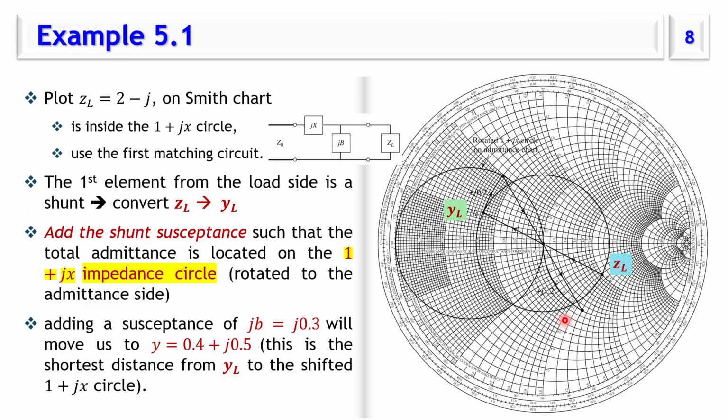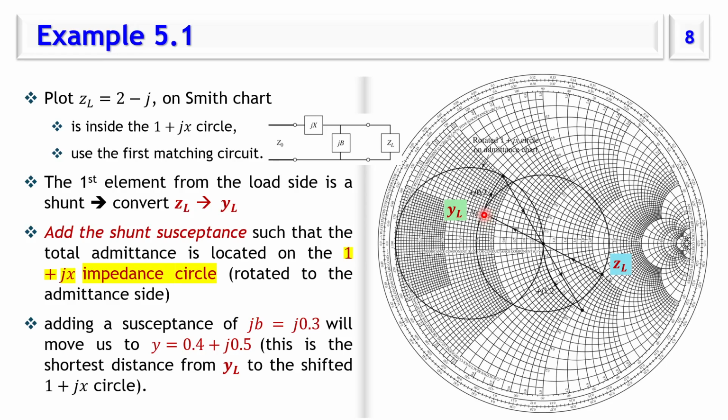So the locus for z equal 1 plus jx is this circle, and we want to move from our YL here to YL plus jB, such that the z of those two shunt elements equals 1 plus jx. So we need to go to this point. We can calculate how much this value is.